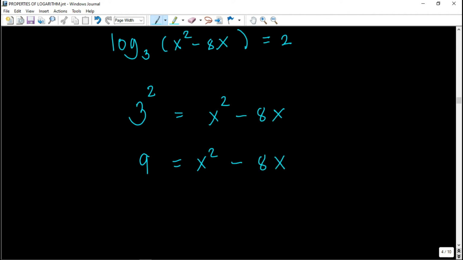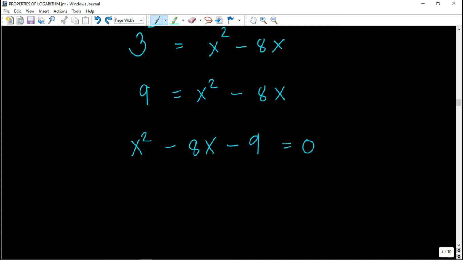Then let's subtract 9 from both sides. So this becomes x squared minus 8x minus 9 equals 0. You can use the quadratic formula to get the roots, or by inspection we get the factors: the quantity x minus 9 times the quantity x plus 1. The roots are one negative and one positive, by inspecting the sign of the constant.